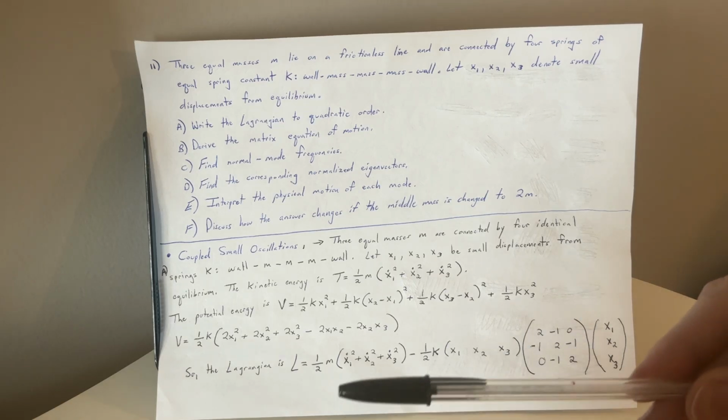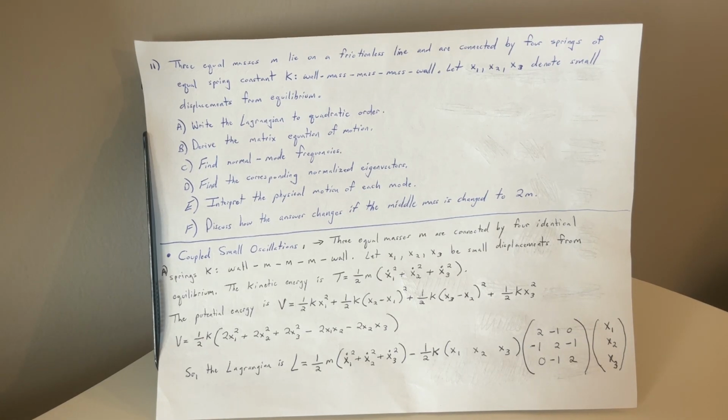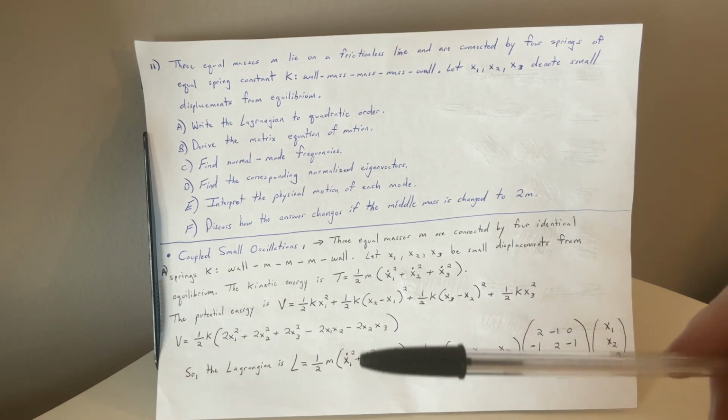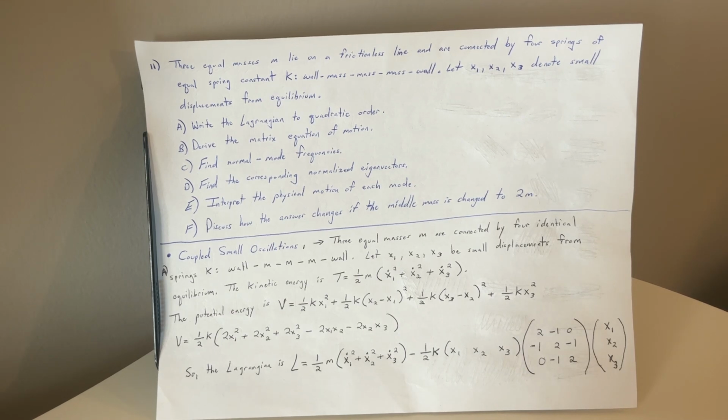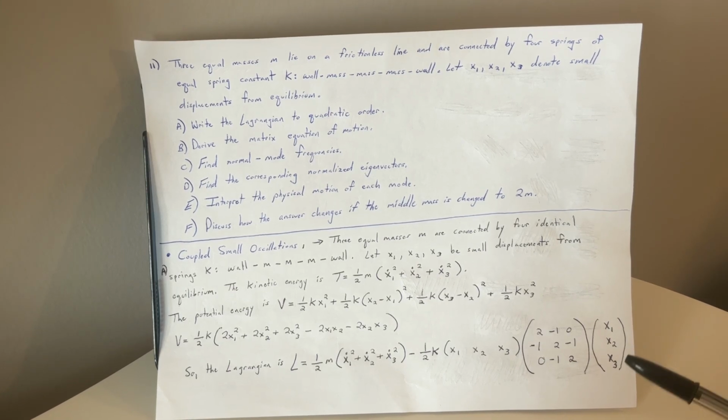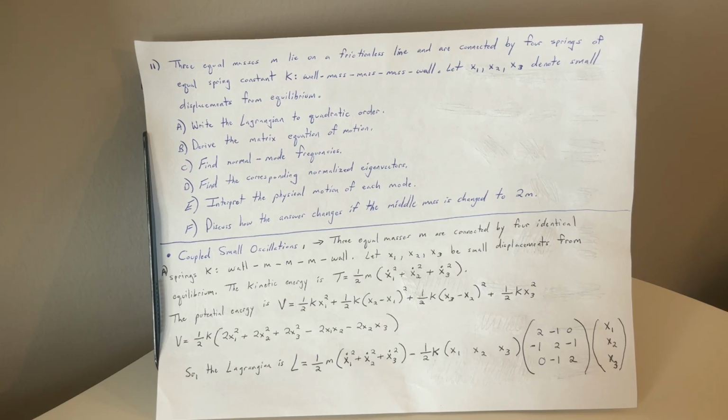From there the Lagrangian is L equals 1/2 m times the quantity x1 dot squared plus x2 dot squared plus x3 dot squared, minus 1/2 k times the row x1, x2, x3, then this matrix: first row 2, -1, 0, second row -1, 2, -1, and third row 0, -1, 2, times the column x1, x2, x3. So that's the Lagrangian, part A.